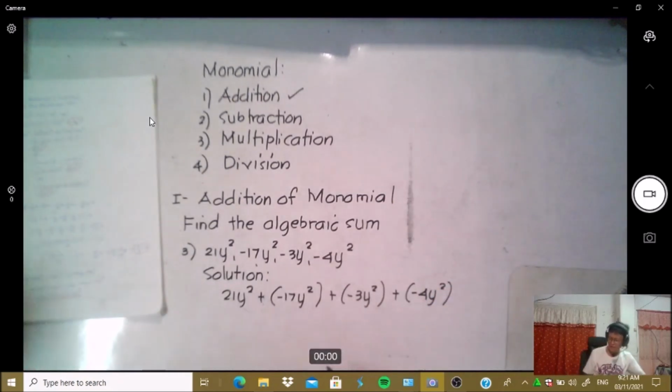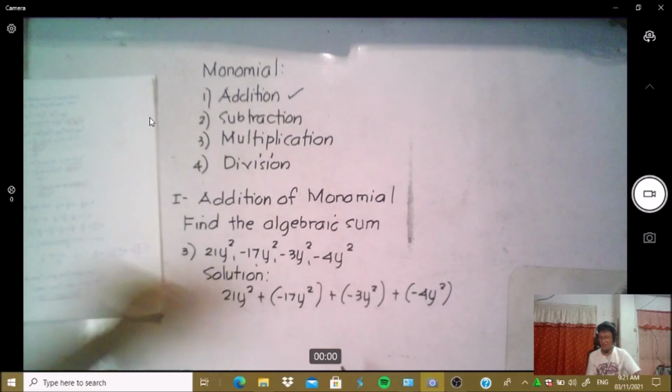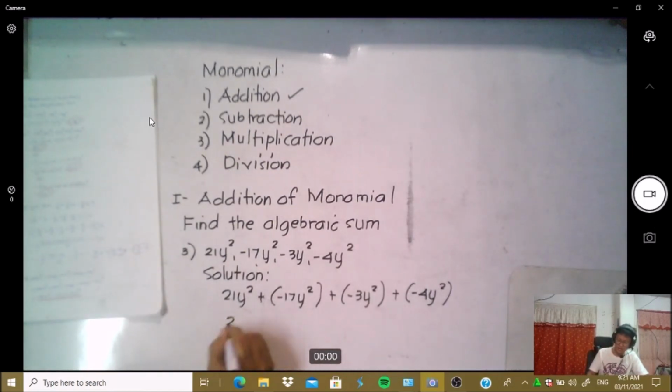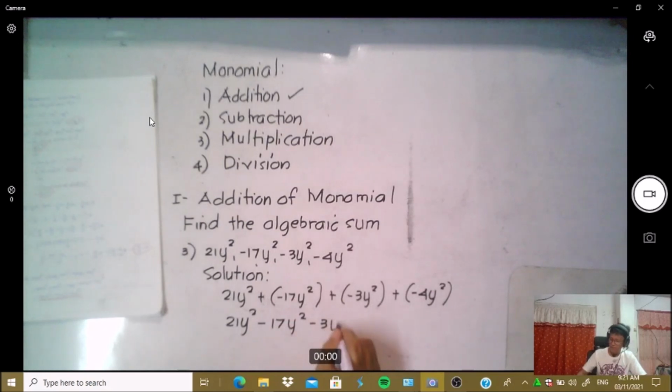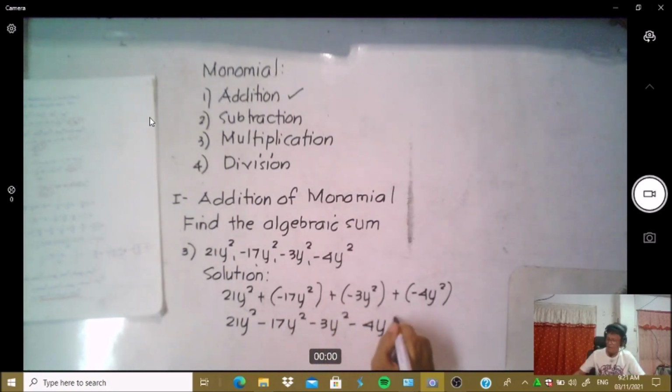Okay, since all operations are addition, you can actually write that this way: 21y squared minus 17y squared minus 3y squared, then minus 4y squared.